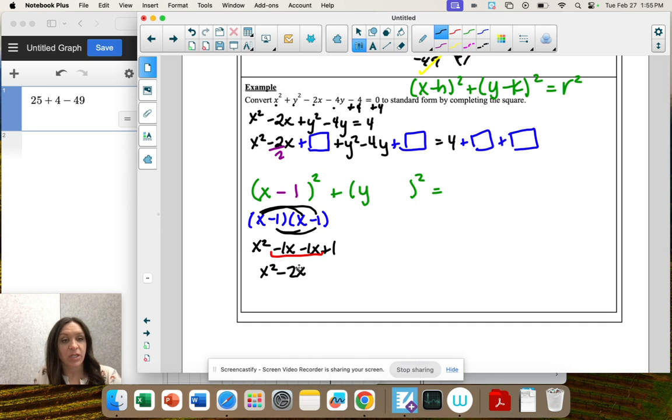But what happened? When we made it in this form, we added this extra 1 out here. That just happened with the square, with making a square. Okay, so we have to add in this extra 1 here. And because we added on this side of the equation, we have to add it on this side of the equation. So now we do the same thing with y.